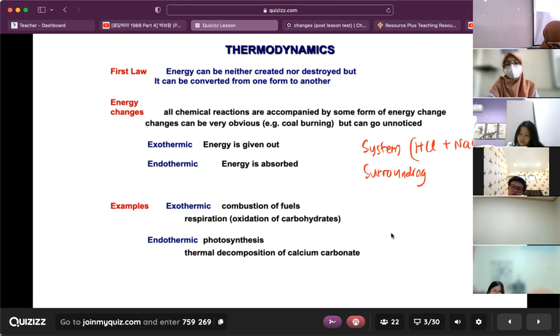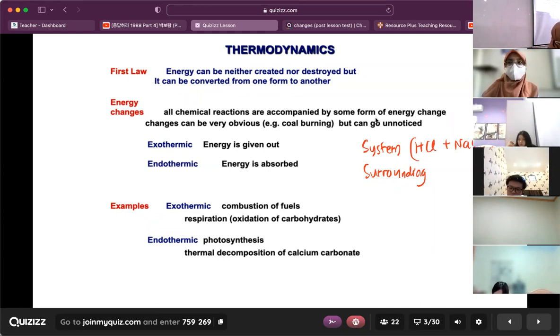Okay, so if this reaction is exothermic, it means that when you mix hydrochloric acid and sodium hydroxide, they will give out heat. The heat will be transferred from the hydrochloric acid and sodium hydroxide to the surrounding.